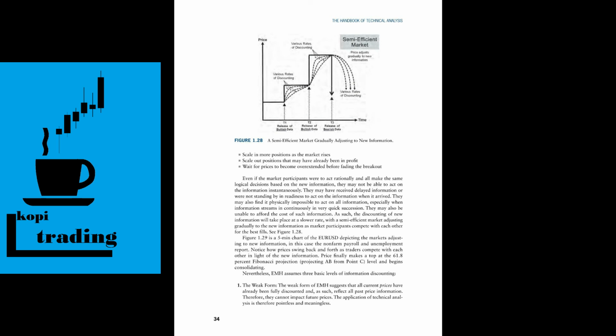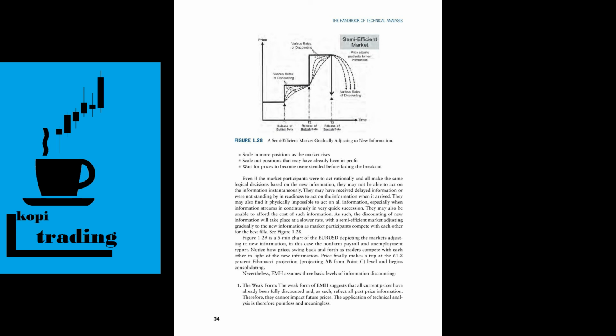They may also find it physically impossible to act on all information, especially when information streams in continuously in very quick succession. They may also be unable to afford the cost of such information. As such, the discounting of new information will take place at a slower rate, with a semi-efficient market adjusting gradually to the new information as market participants compete with each other for the best fills.